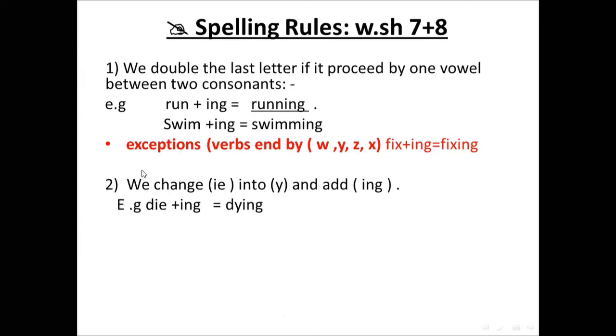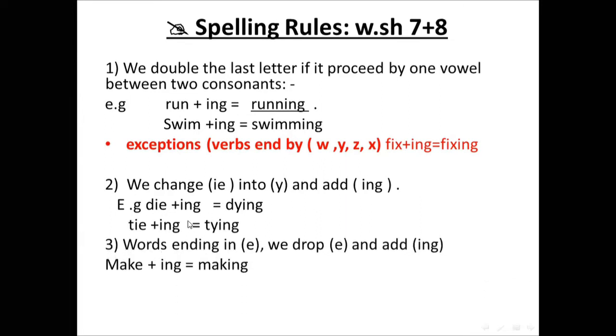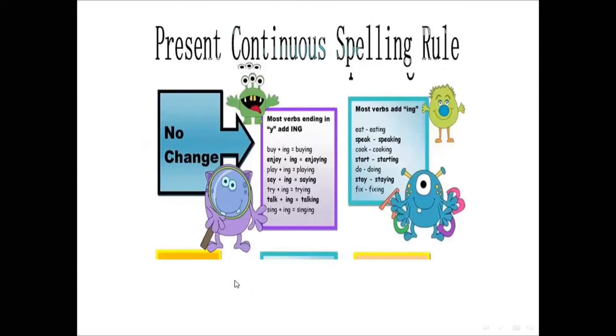Now the second rule: we change IE into Y and add ing, like die, dying, tie, tying. Now the last rule: the verbs ending in E, we drop E and add ing: make, making, and dance, dancing. Now here I want to explain more about no change، يعني ما في تغيرات.